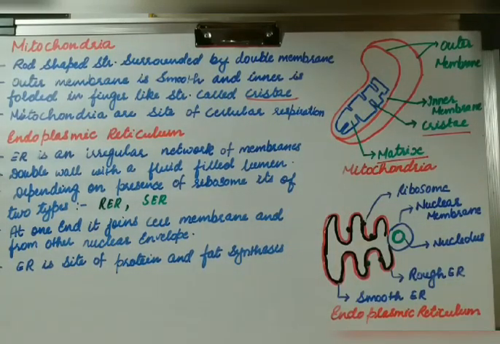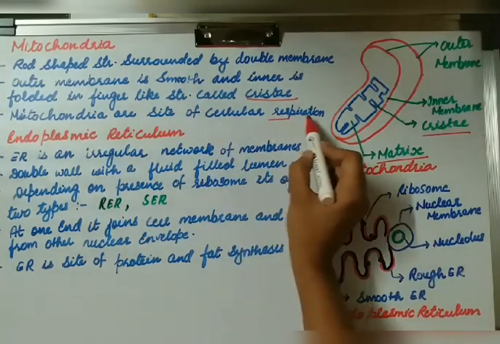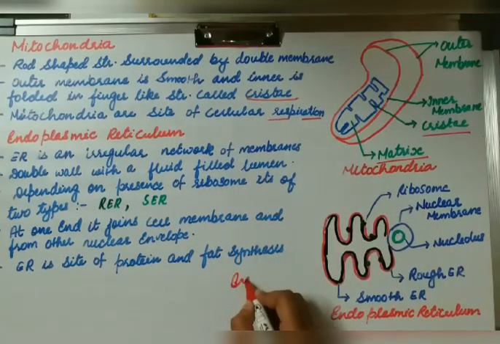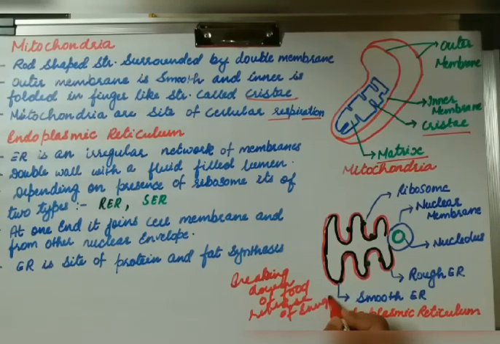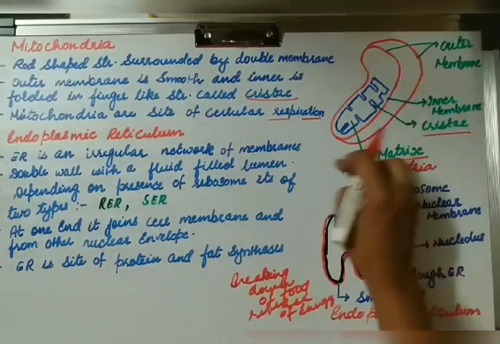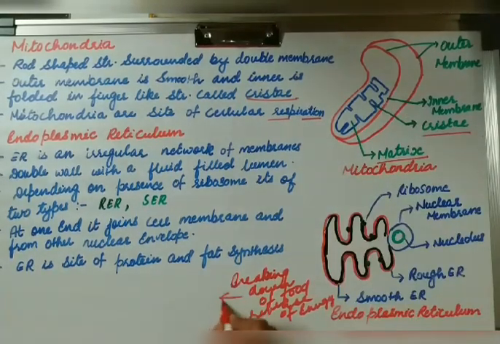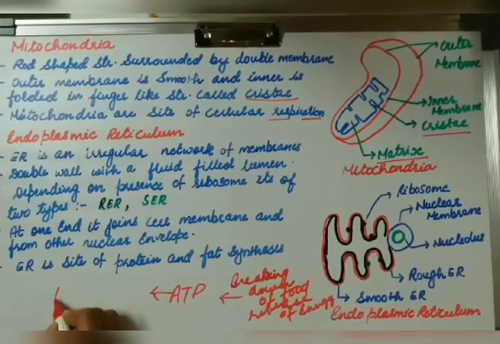Mitochondria are the site of cellular respiration, that is, the breaking down of food and release of energy. The energy is released in the form of ATP, that is your adenosine triphosphate. For this reason also the mitochondria is known as the powerhouse of the cell.